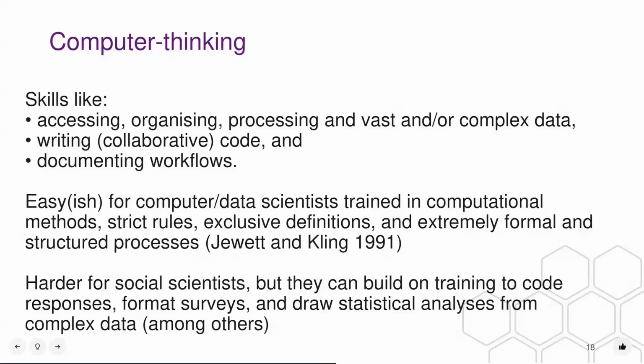But for social scientists, it can be much harder to transition towards those computer thinking skills. But like I've said before, it's reassuring to know that social scientists do have those data skills they can build on. So, we are familiar with coding responses, pattern detection and statistics, formatting surveys, that kind of thing.